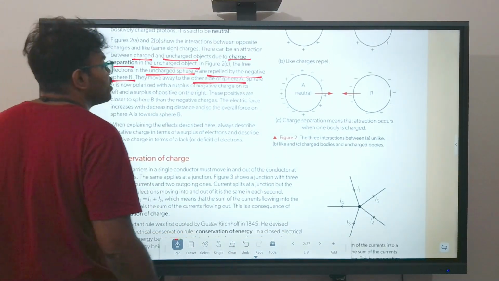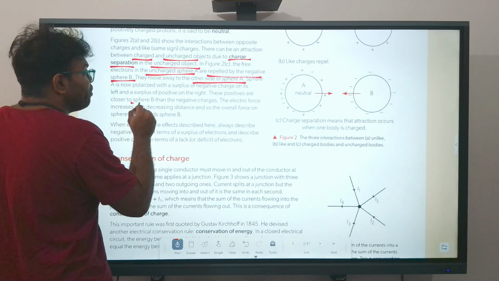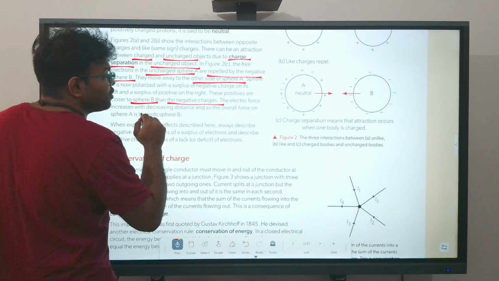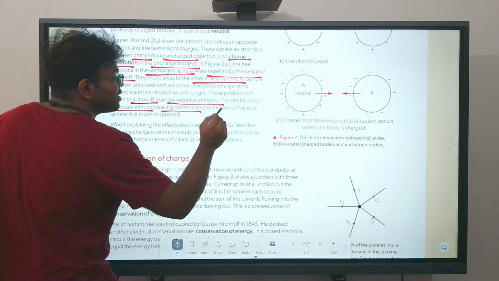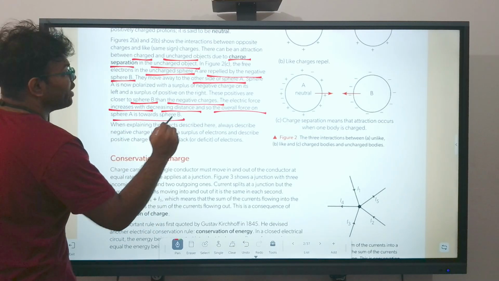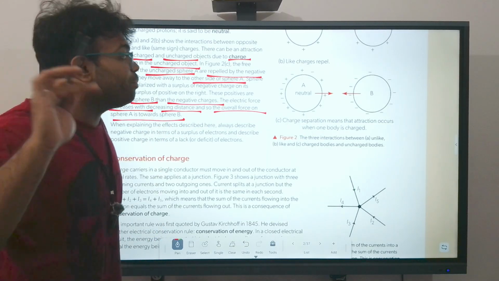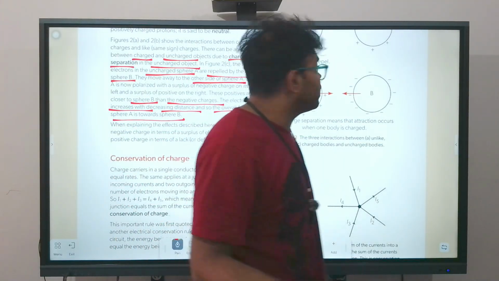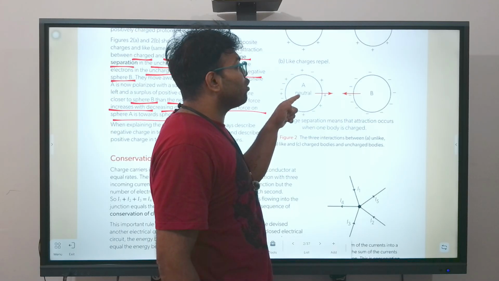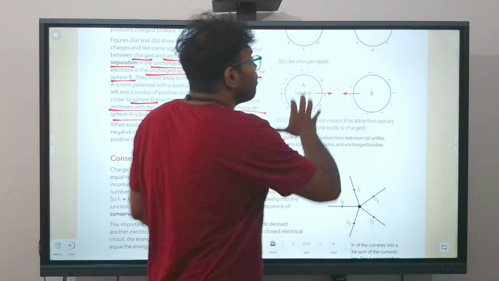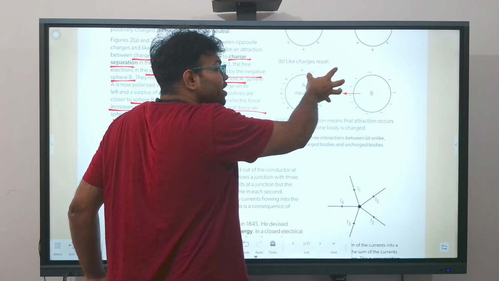These positive charges are closer to sphere B than the negative charges. The electric force increases with decreasing distance, and so the overall force on sphere A is towards sphere B. Basically, this was the negatively charged object. You brought it next to a neutral object, due to which most of the positive charges got concentrated here.